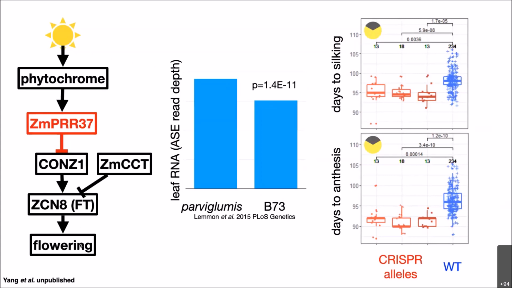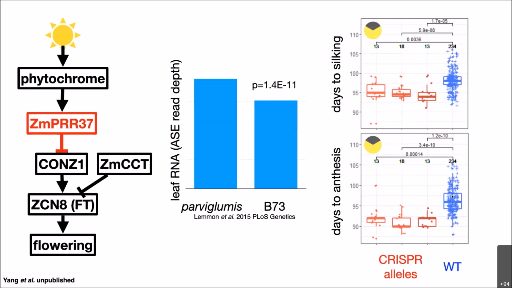So the highland allele is more earlier flowering than the lowland allele. And indeed, when our collaborators at Huaozhong knocked out this gene using CRISPR, we see that the knockout allele flowers much earlier in long day conditions than the wild type allele, consistent with decreased expression leading to earlier flowering, and a potential reason that this locus was selected or shows high levels of ancestry is its contribution to earlier flowering in maize.